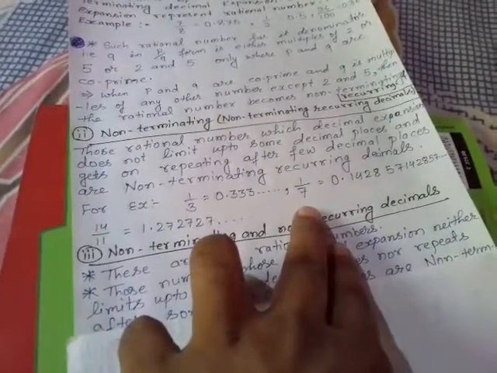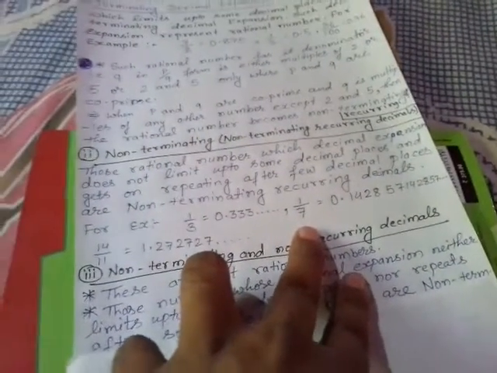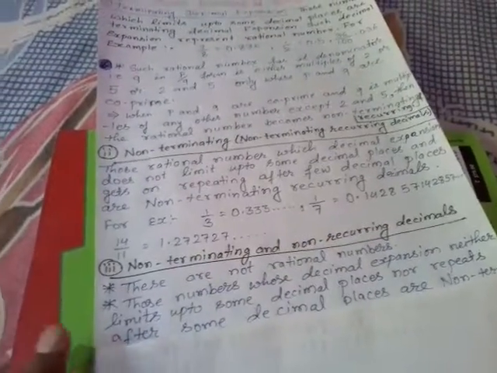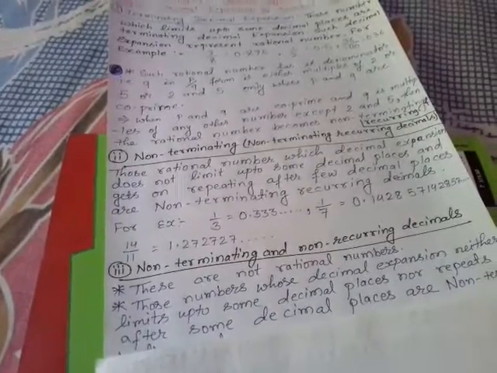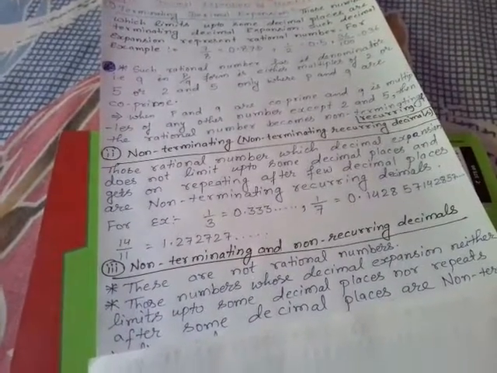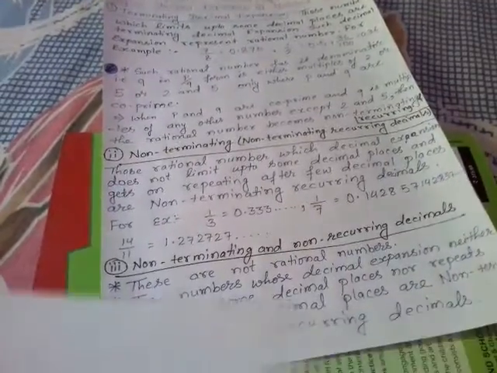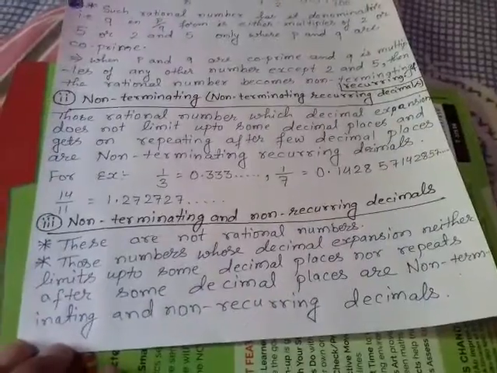If it becomes 14 by 7, then it will become terminating. That you have to keep in mind. 14 and 7 are not co-primes. Of course, I think you should know co-primes: those numbers whose common factor is only 1, whose HCF is only 1. They are co-prime numbers.